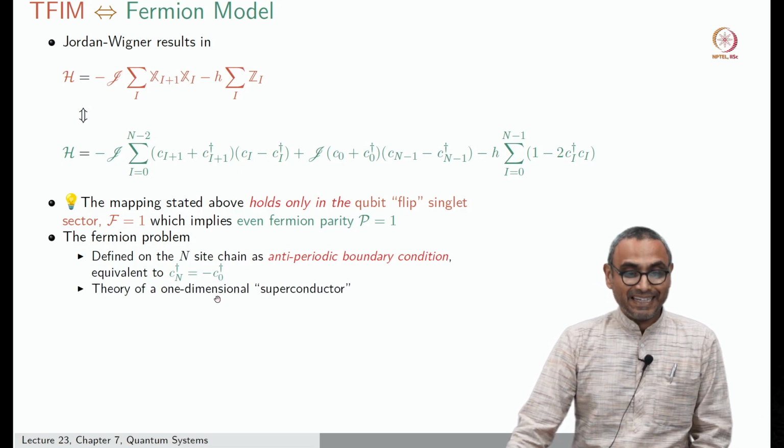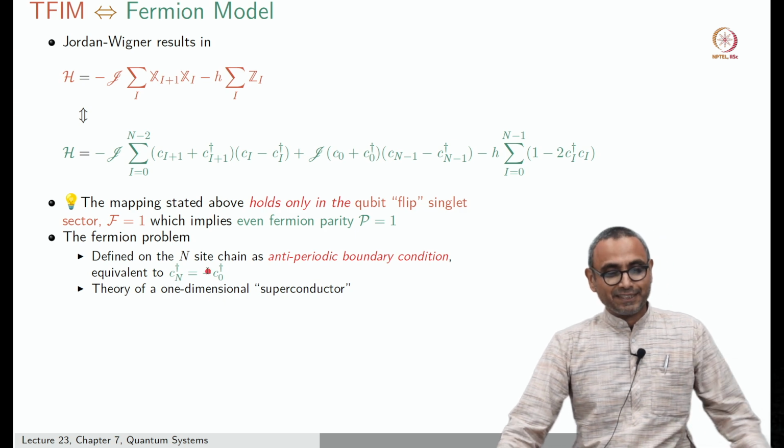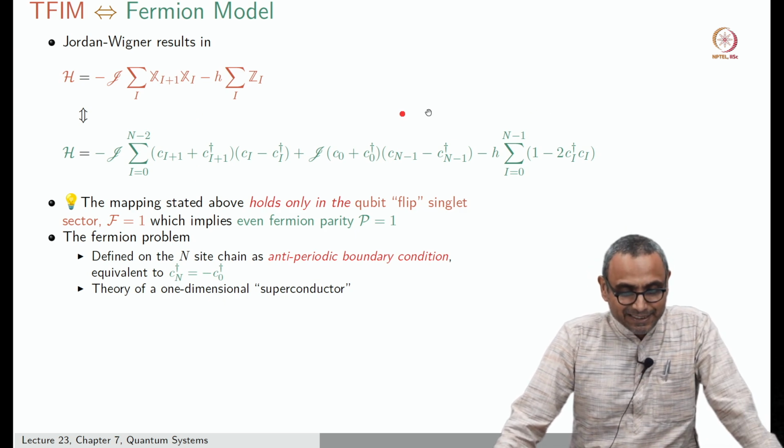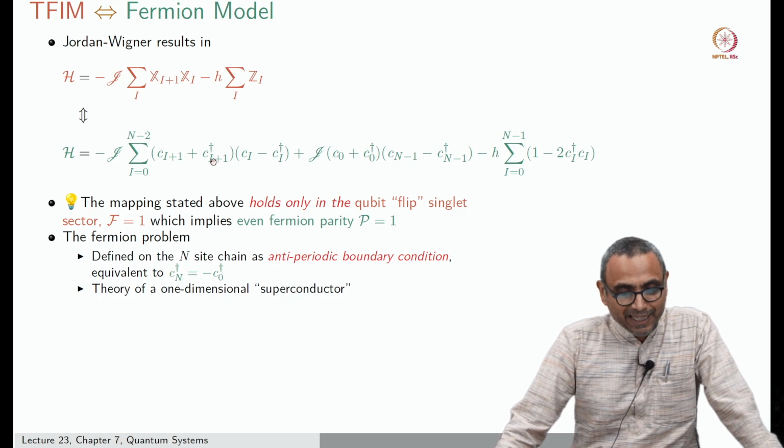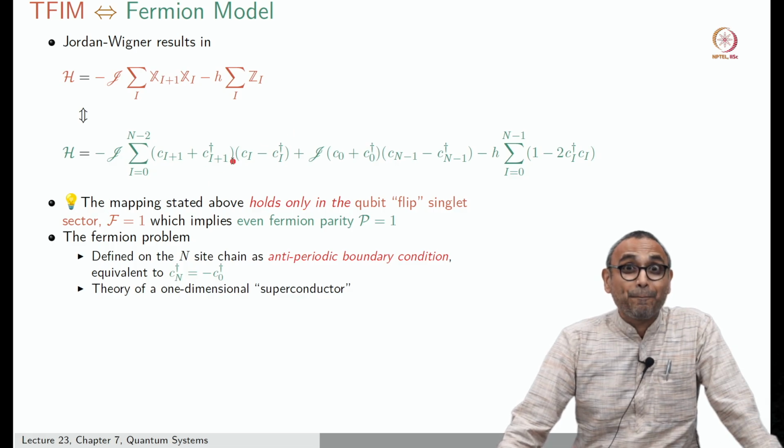Now, if you have studied condensed matter physics, you will realize that this Hamiltonian, which is a Hamiltonian of fermions, has terms of the kind C dagger, C dagger. So for example, if I multiply this out, you will see that there is a term of the kind C dagger i+1, C dagger i. This term is what is typically called a pairing term.